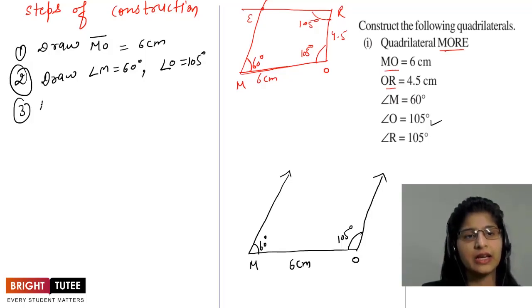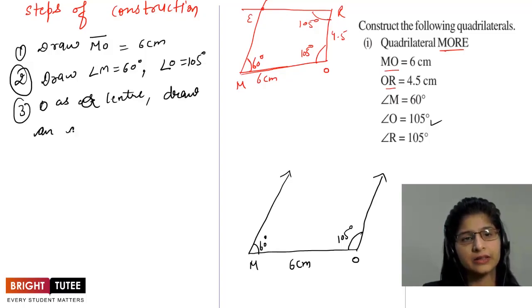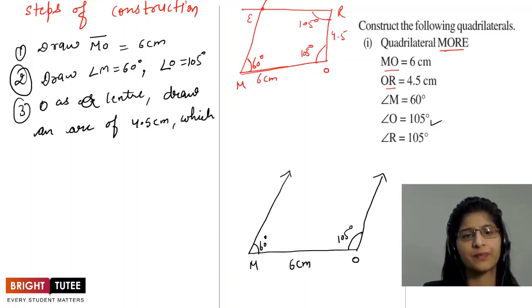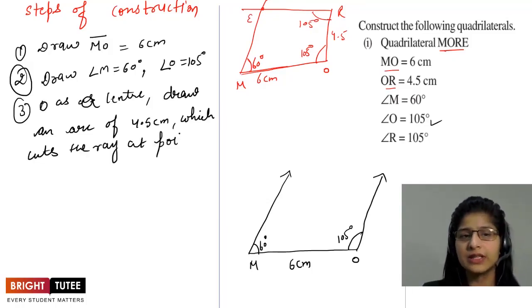So we will write O as a center. O as a center. Draw an arc of 4.5 centimeter which cuts the ray. At which point it will cut, students?